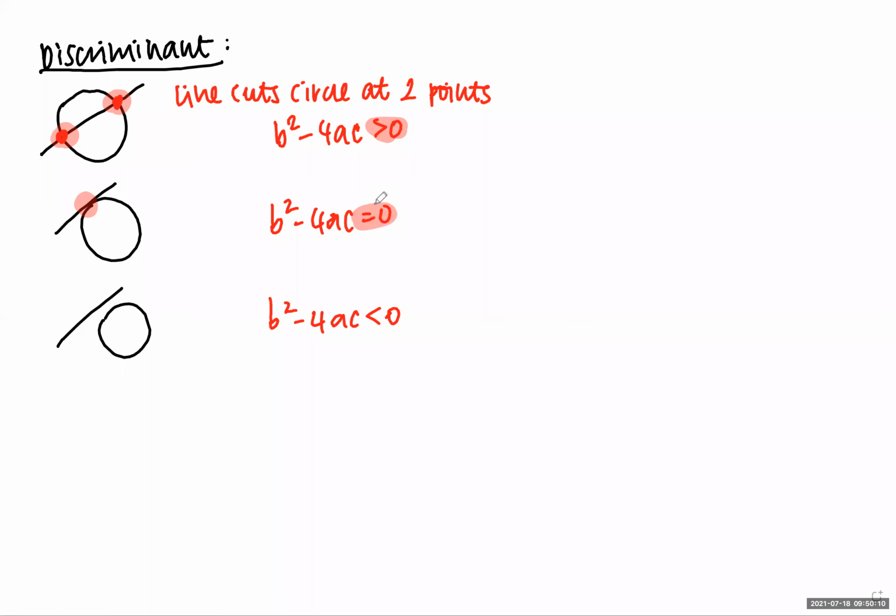Then highlight equal to 0. Then this one no need to highlight at all and put lesser than 0. This one is no intersection. So this one is quite similar, quite easy on this discriminant. Now let's move on to the next part, the fun part.